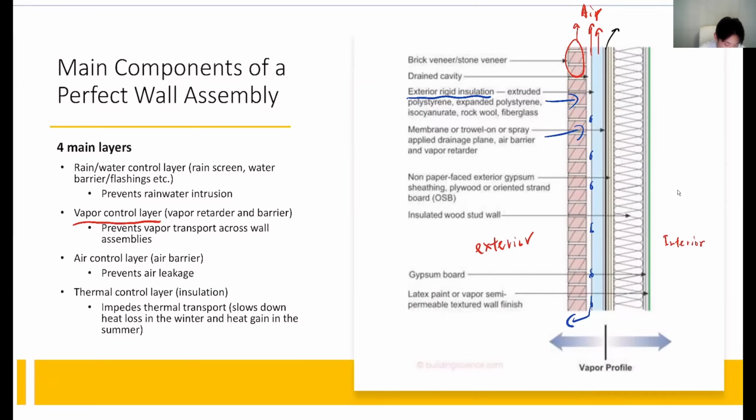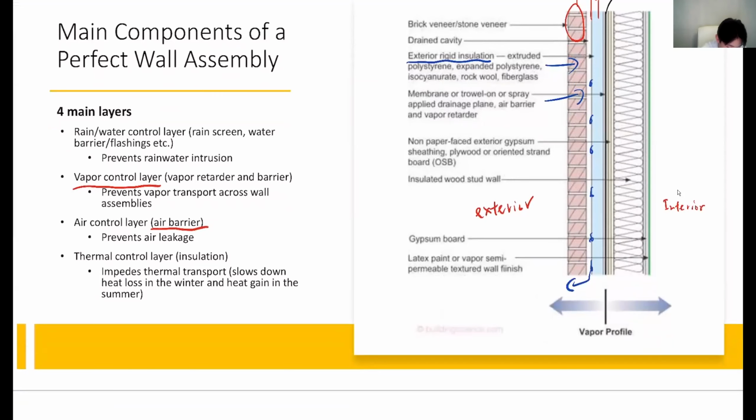So we also want an air control layer, called an air barrier, to control air leakage. Remember, sometimes a vapor barrier can be an air barrier as well, but sometimes they are two separate materials. Depending on your choices or the cost, you may choose accordingly.